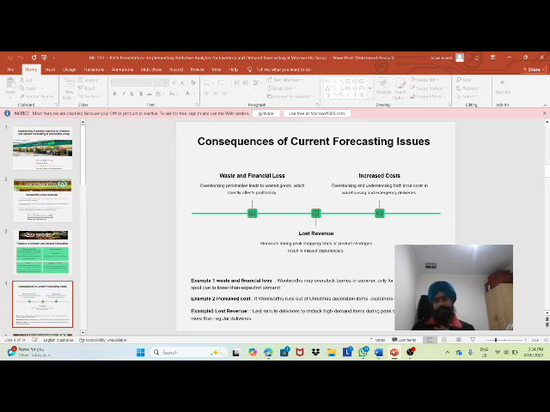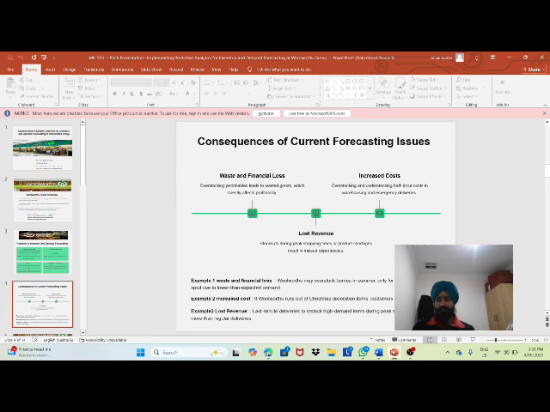Stock outs during peak shopping times or product shortages result in missed opportunities. If the stock is not available when it's needed, the company will definitely miss the opportunity to sell its products, and that is also the time when the company can make more profit by selling goods.